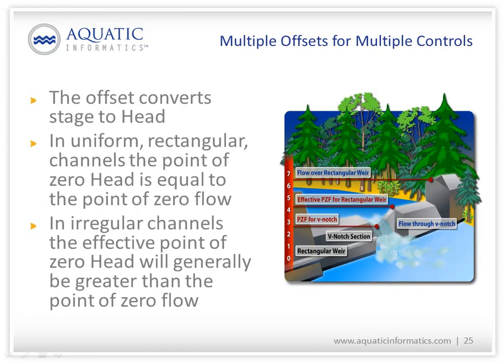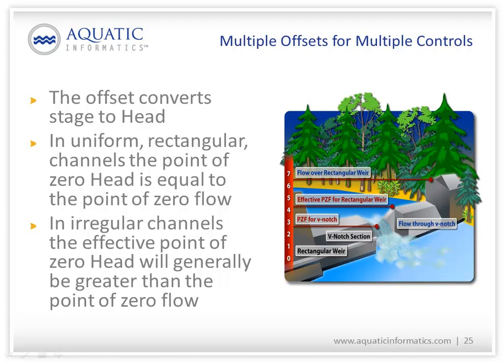We can have multiple offsets for multiple control conditions as illustrated in the diagram on the right of the screen. So the offset converts stage to head, and that's what we're really concerned about. So when flow is going through the V-notch part of the weir, then the measure of head that we're interested in is from the very bottom of the V-notch.